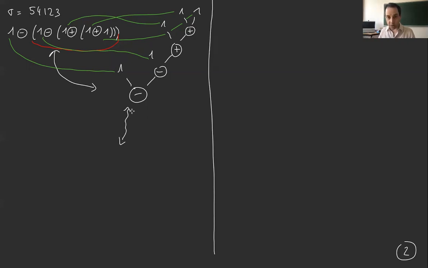I gather as much as possible the minuses, so at the root I have a minus with 1, 1, and this subtree. And I gather as much as possible the pluses. This is not a binary tree anymore, but at least the encoding is unique.